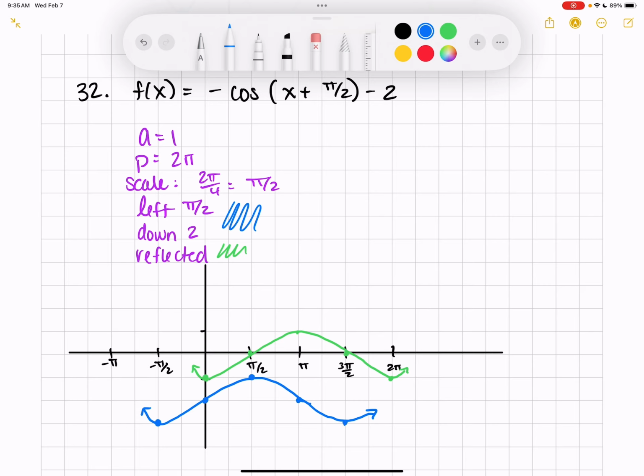And reflected. Well, I'll just put my graph up and you can make sure yours matches. So green is the initial reflected graph. And then blue is the final graph shifted left and down.